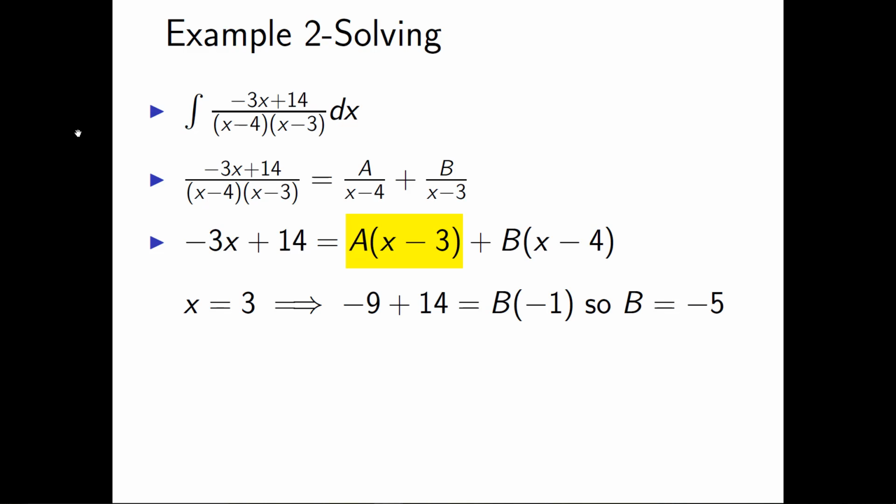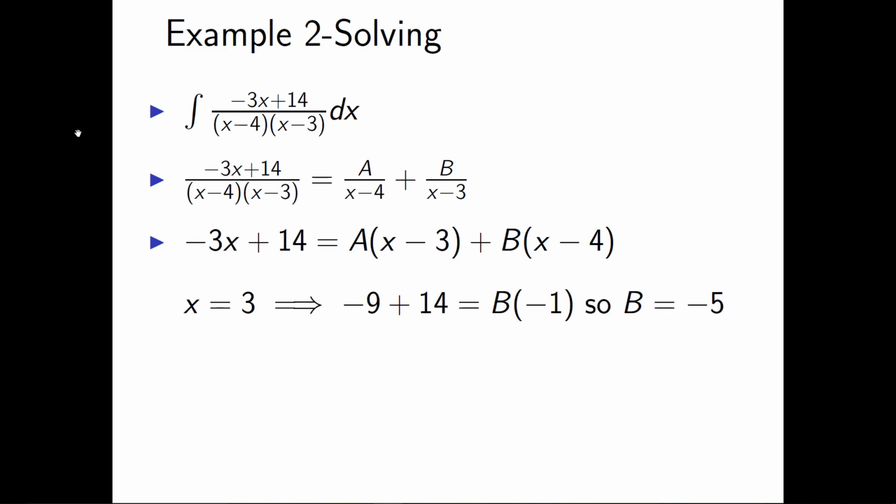But let's look here. If we plug in x equals 3, the constant A disappears temporarily. So we'll get minus 9 plus 14 on the left-hand side, and we'll get B multiplied by negative 1 on the right-hand side, and so we get 5 equals negative B, so B equals negative 5.